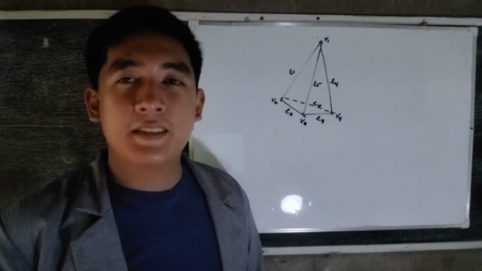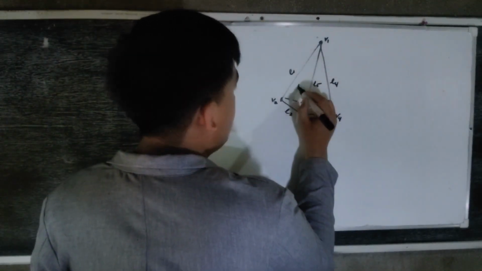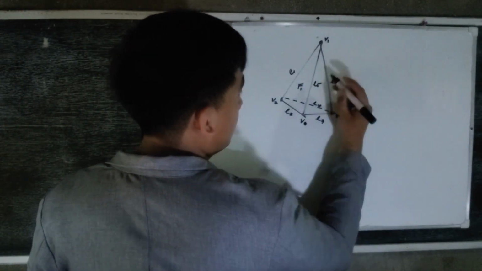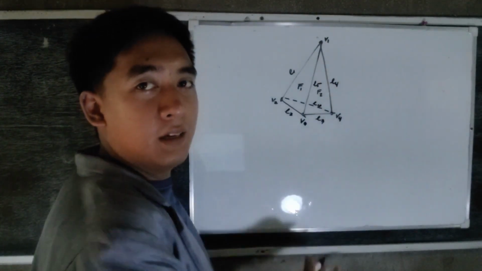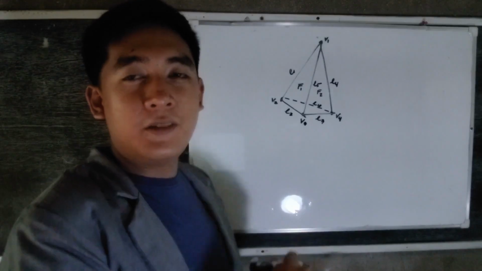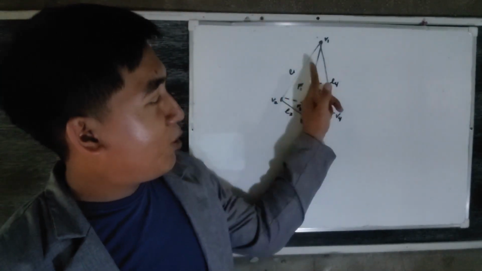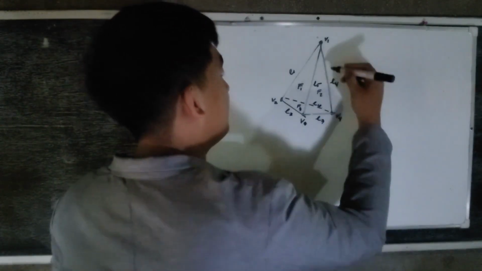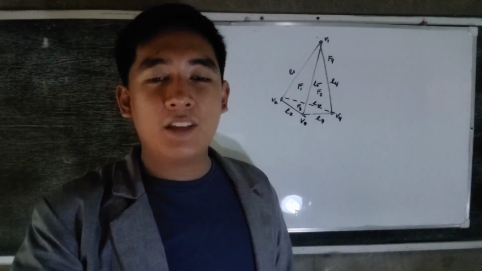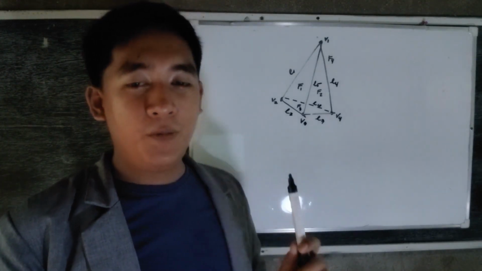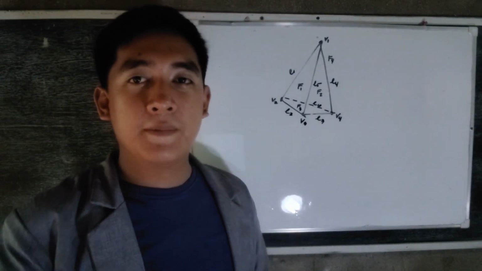How many faces does our tetrahedron have? This is one face, 1. This is also another face, 2. The one at the bottom is 3. And then the back of this is 4. So now our tetrahedron has 4 vertices, 6 edges, and 4 faces.